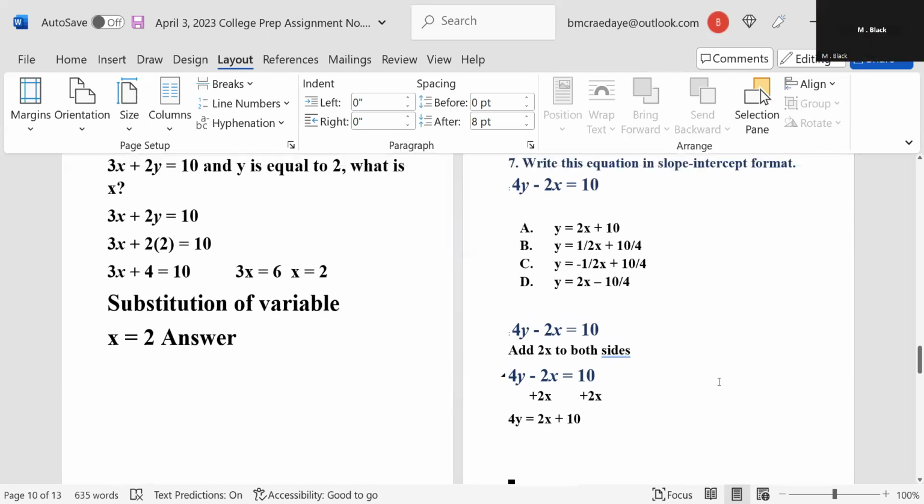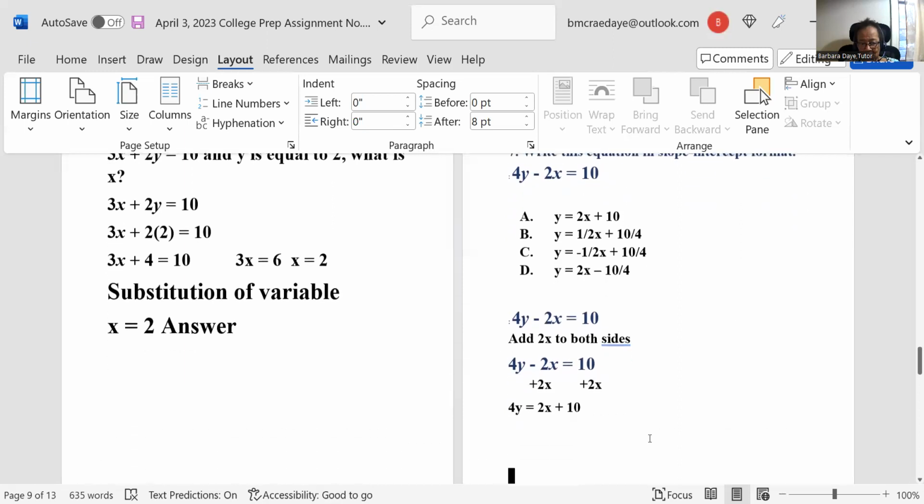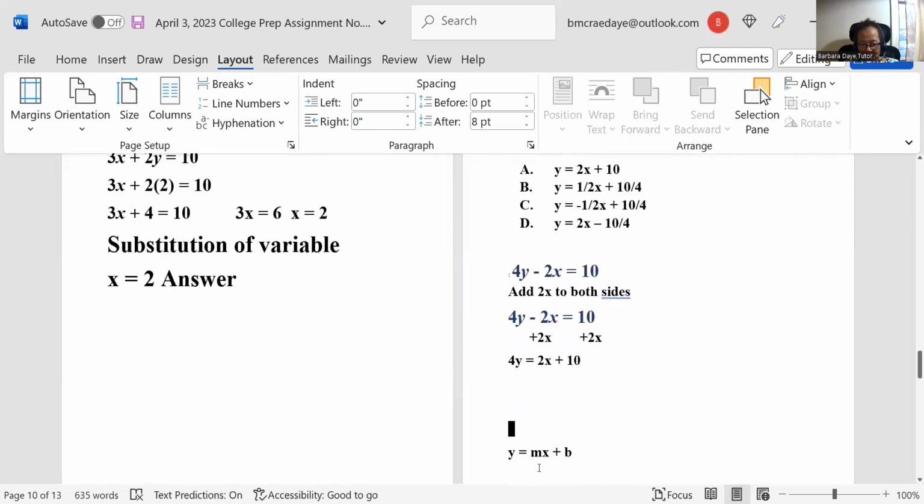Remember, I'm trying to get it in slope intercept form. Slope intercept is y equal mx plus b. So that's why I'm putting 2x plus 10, 2 being my m, and 10 being my constant, b. Oh, got you. Okay, now you just have one more step.